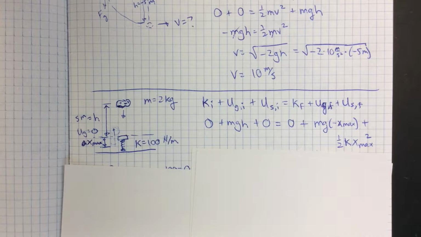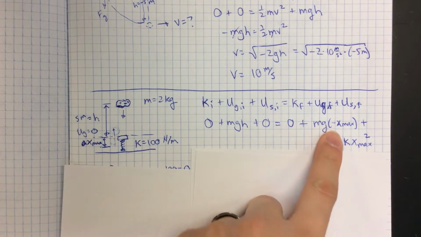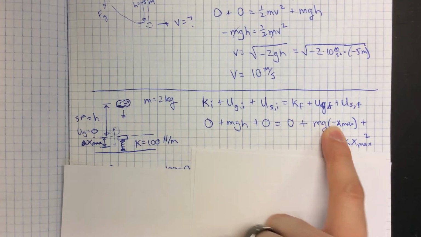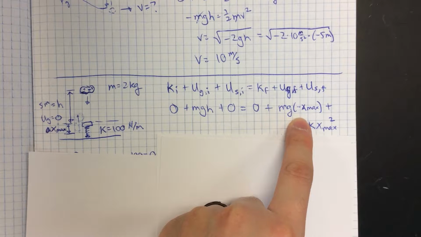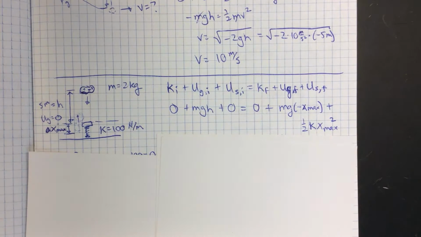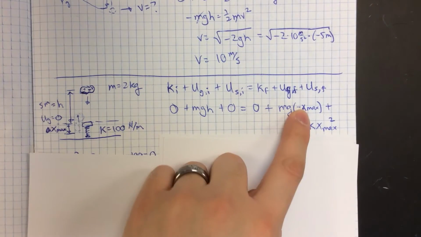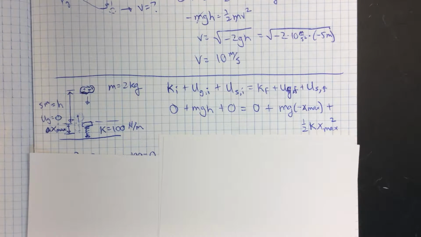So it needs to drop, right? So what I put here is a negative x max to indicate that whatever x max is, it is leading to a negative gravitational potential energy here.